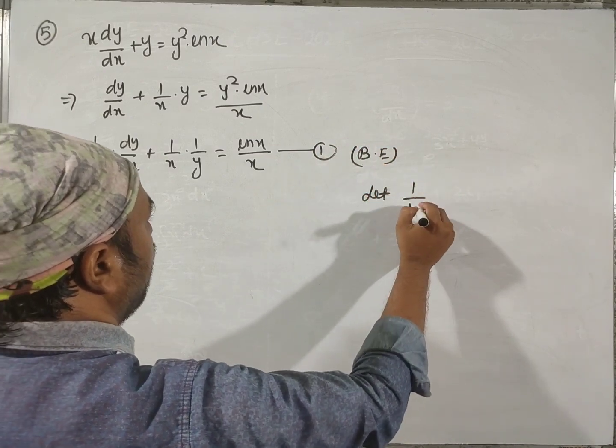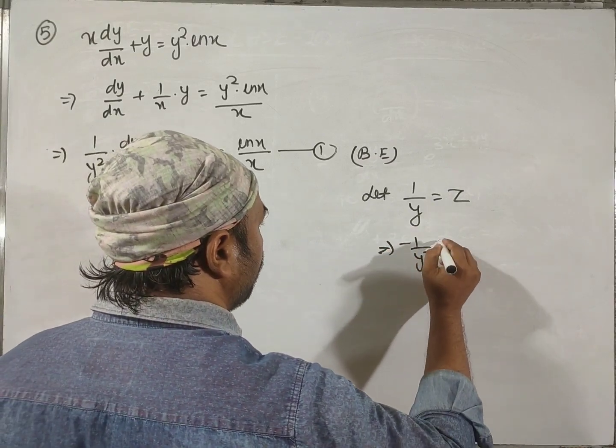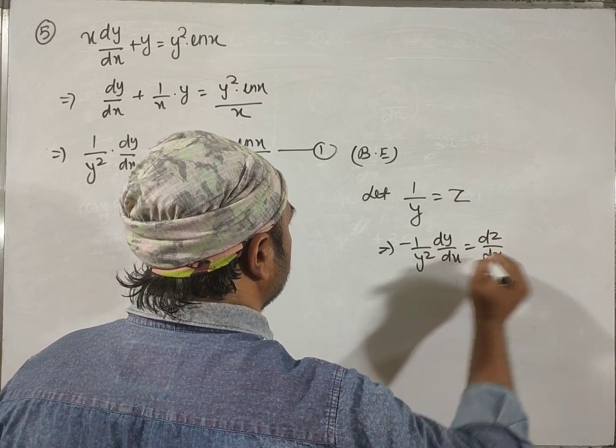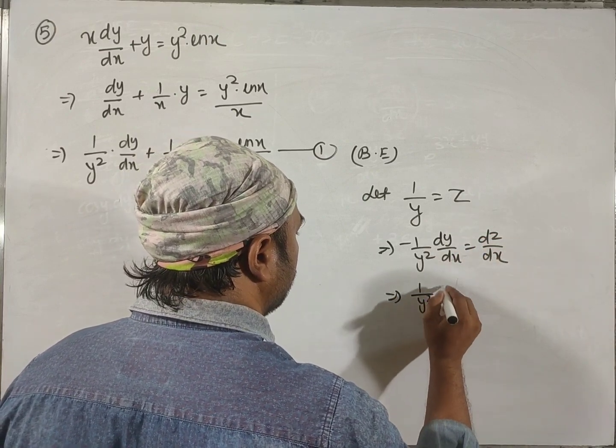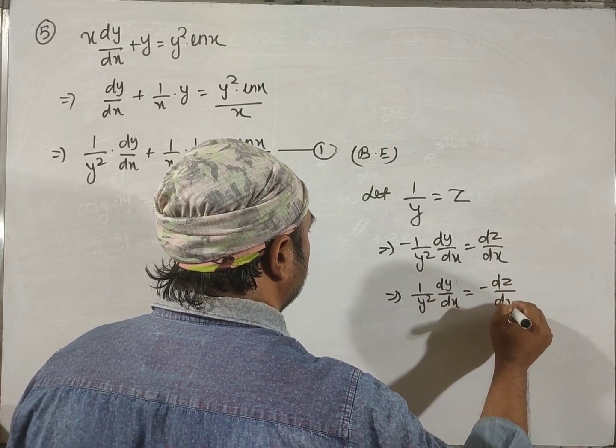Let 1 upon y is equal to z. Then minus 1 upon y square dy upon dx is dz upon dx, so 1 upon y square dy upon dx is minus dz upon dx.